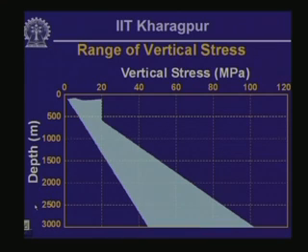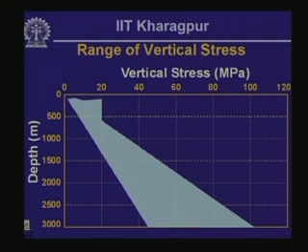Okay. Now this particular plot shows the range of measurements of vertical stress in rock, without considering topographic effect, from across the world. This plot is adapted from the data compiled by Hoek and Brown in their book, and you can see that there is a wide range of variation in sigma v prime.